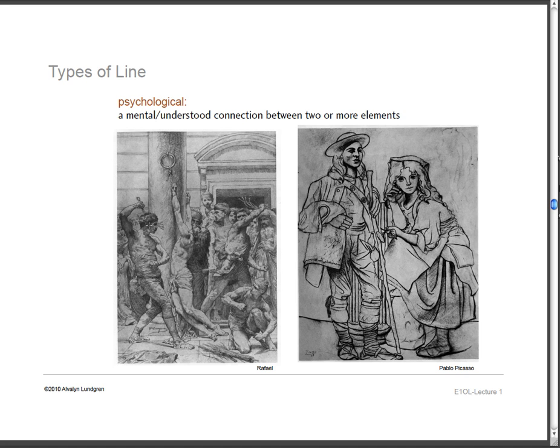So each pointing of the eyes towards something within the design space is a psychological line. So we look at the Picasso, we have a couple who seem to have a close relationship, brother-sister, husband-wife, boyfriend-girlfriend, whatever they might be.